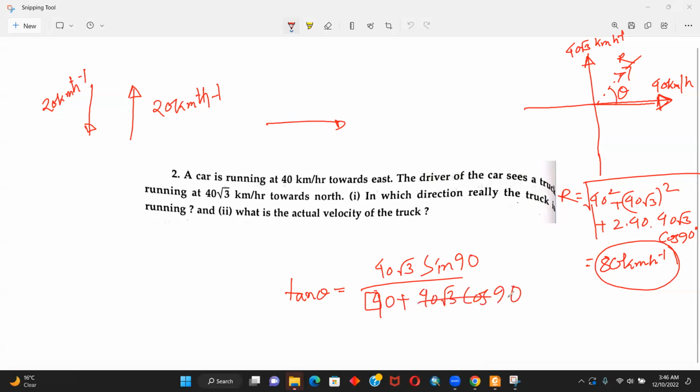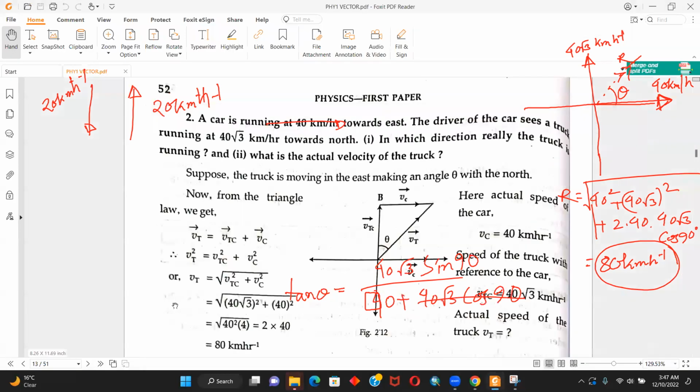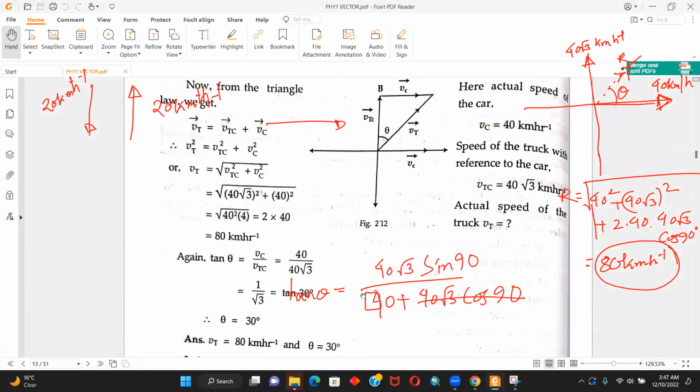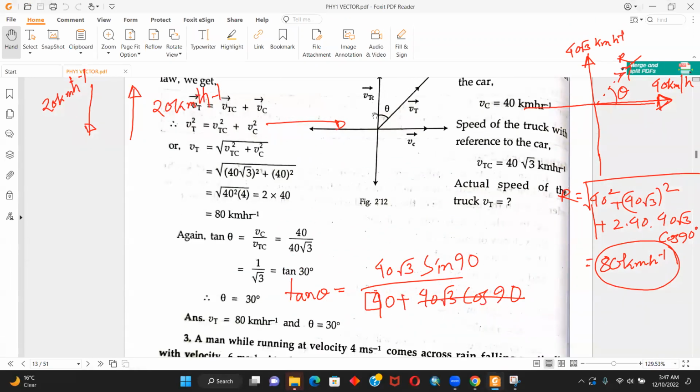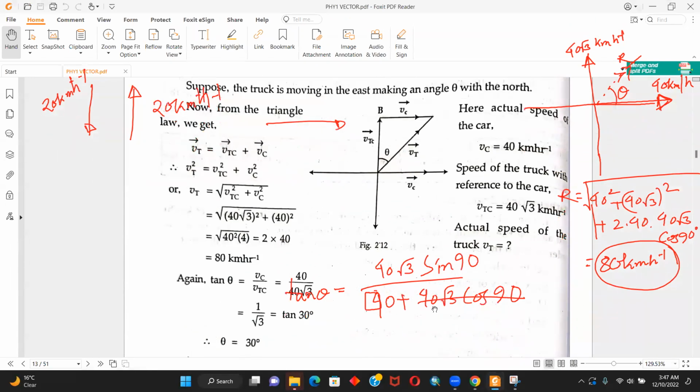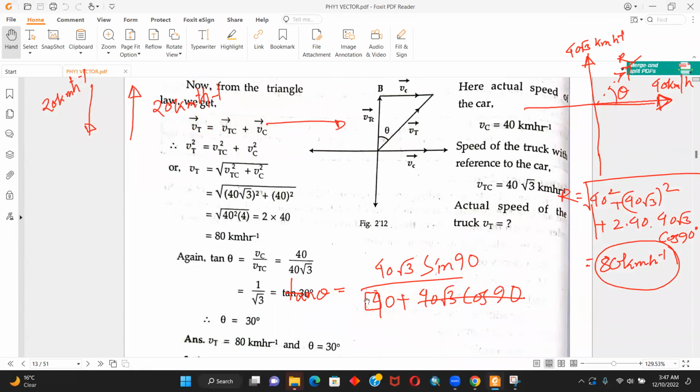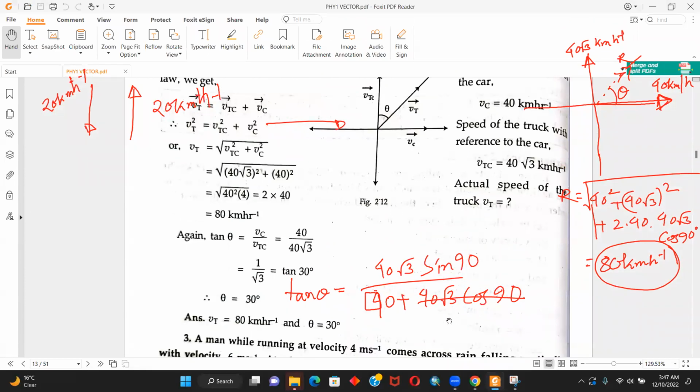Obviously, cosine 90 is 0. So then what will be the value we will get? Let me check. It will be 30 degrees with respect to this. And I think you should get 60 degrees. Please calculate.